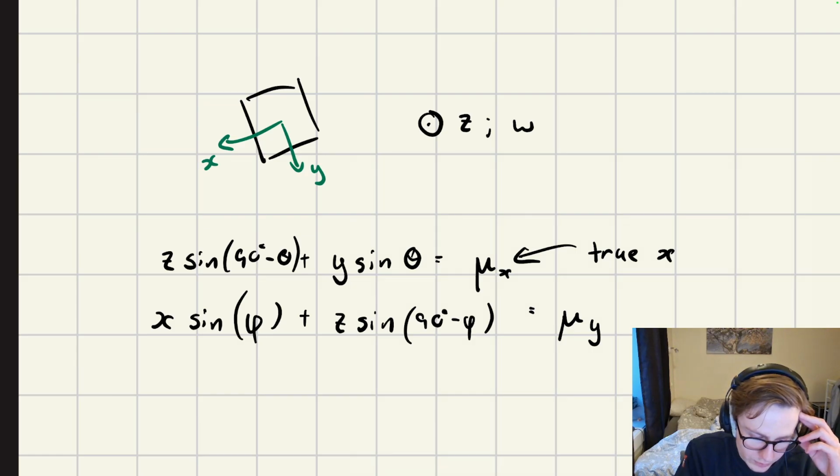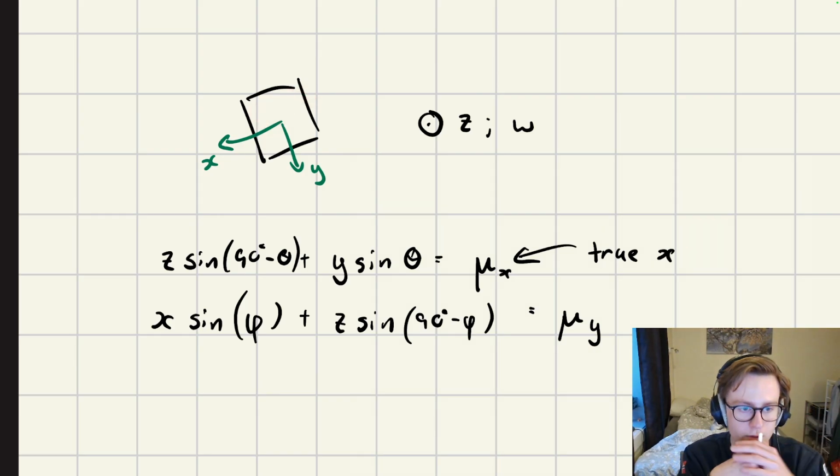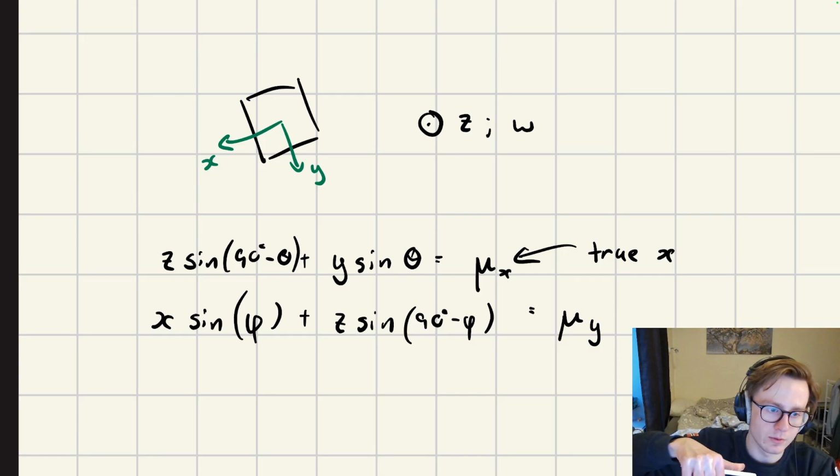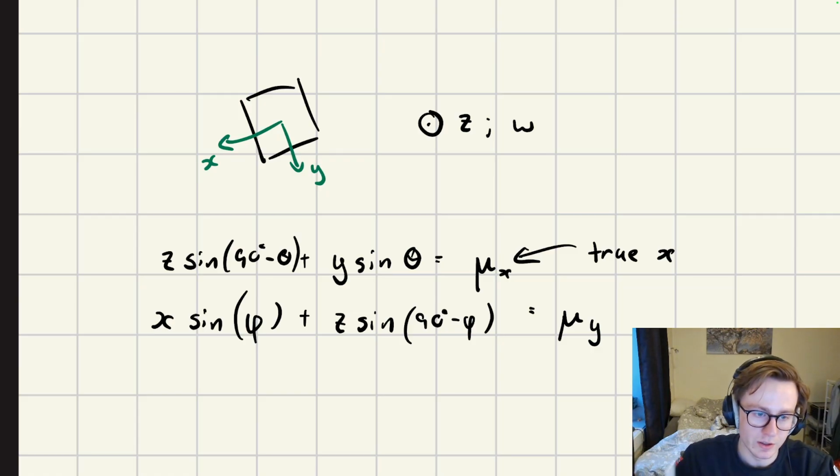Neither would x nor y. Since if we rotate it this way, set is always going to be true. So the rotation around x wouldn't change x. The rotation around y wouldn't change y. The rotation around z wouldn't change z.